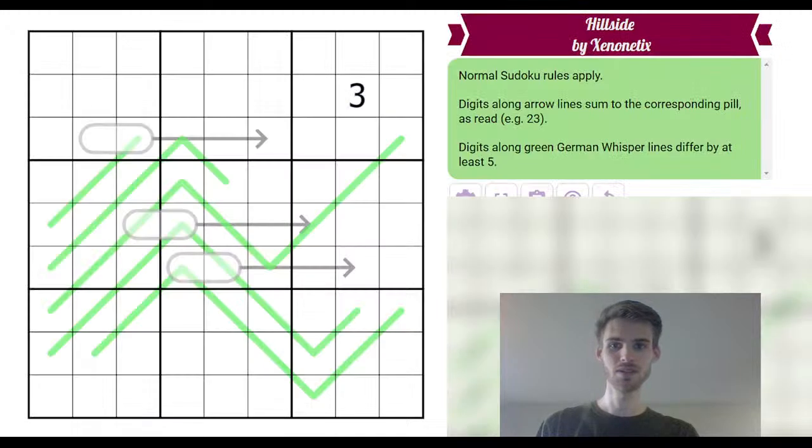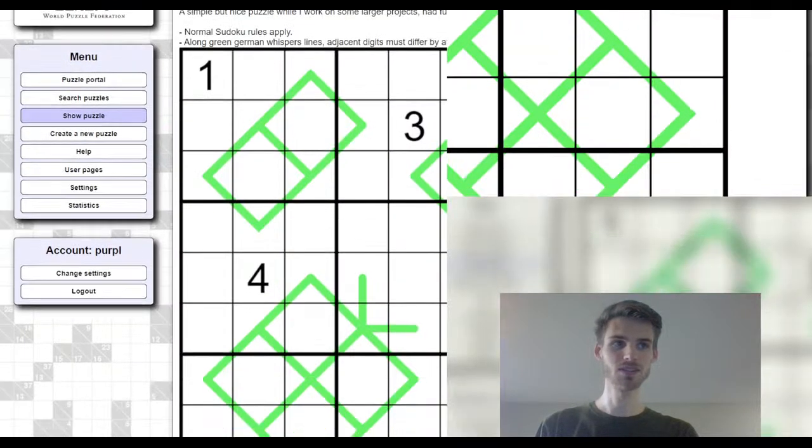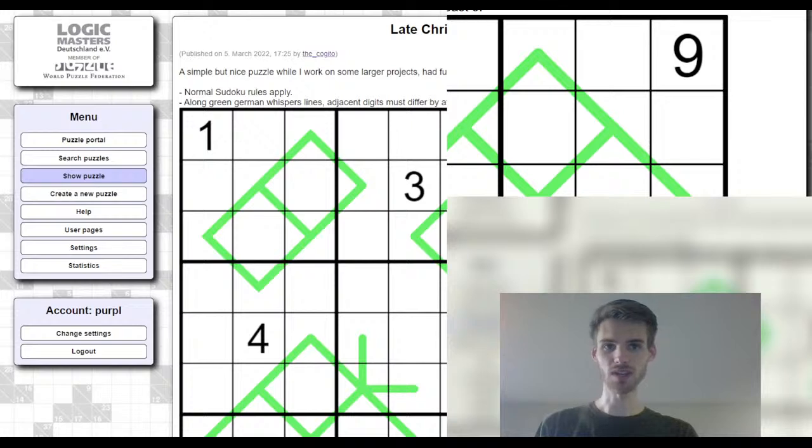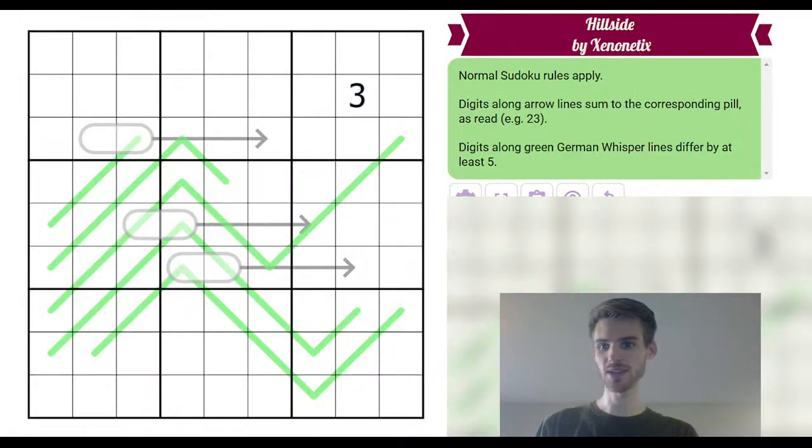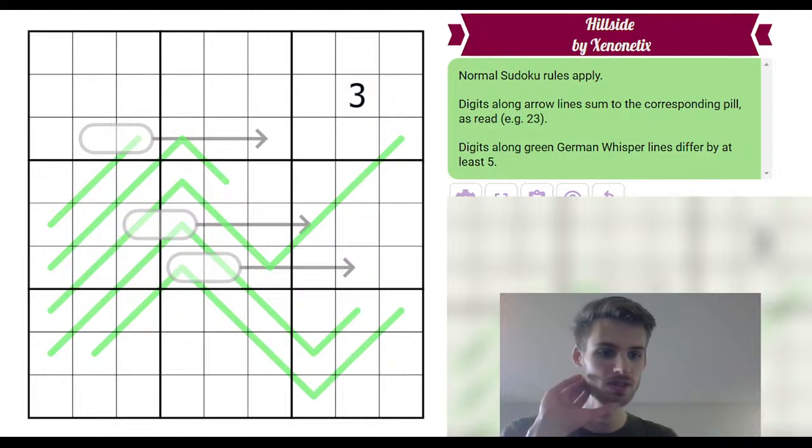We have two options. Both of them are German Whispers. One of them is Late Christmas by the Kagi Show, and the other one is Hillside by Xenonetix. I'll give a vote because I don't know which one to do. You both sent it at the same time. I was just going to pick the first one, but you sent it at the same time.